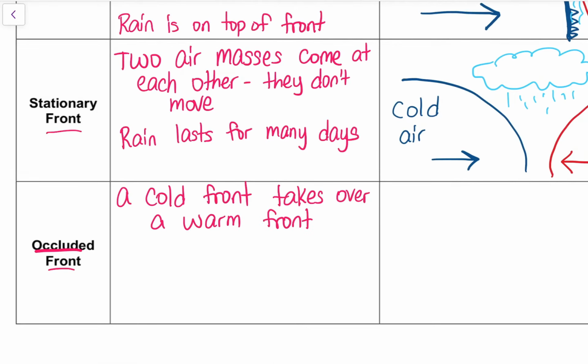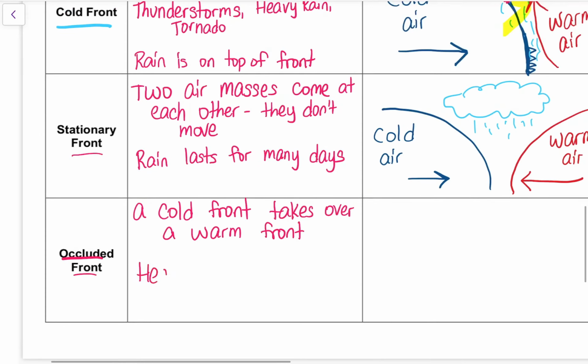When we see an occluded front, we have heavy rain. Sometimes we have big storms. This is kind of like our nor'easter, when we have a big nor'easter snowstorm, or maybe a nor'easter in the spring or summer when we just have a lot of rain. It's usually some kind of big storm event.